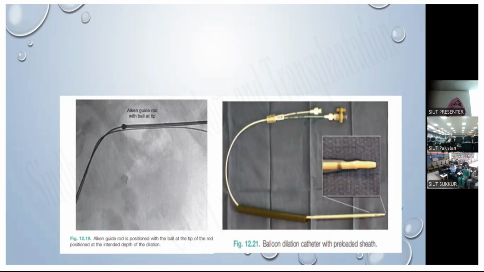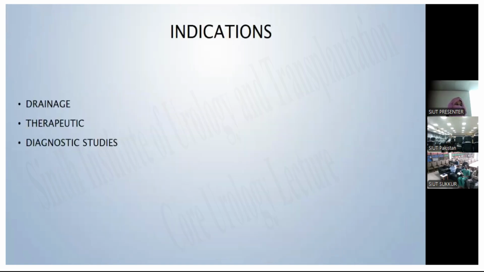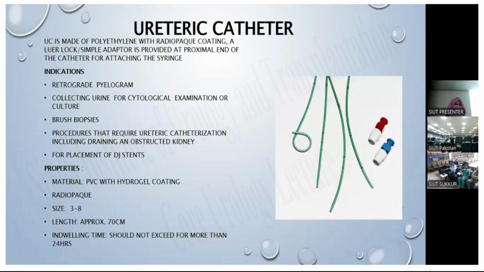When moving on to catheters, their indications are quite clear in our mind, that they are used for drainage, therapeutic use, or diagnostic studies. So first, the ureteric catheter, which is made of polyethylene with radio opaque coating and a luer lock, a simple adapter provided at the end.